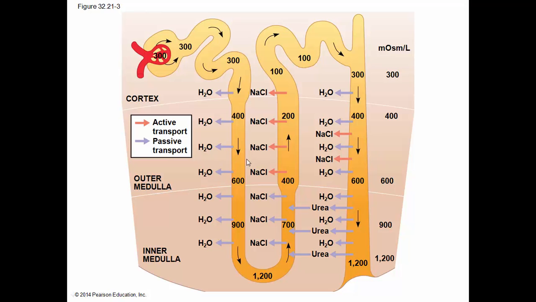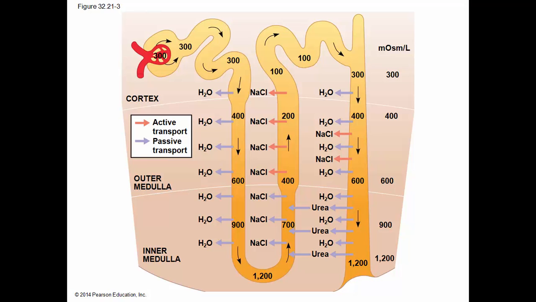The useful sodium chloride, which is standing in for the waste here, or the nutrients, goes back in. There are aquaporins here that allow the water to be transported. There are no aquaporins here, which forces the sodium chloride to be extracted, and then on through the end here. This is on page 660.